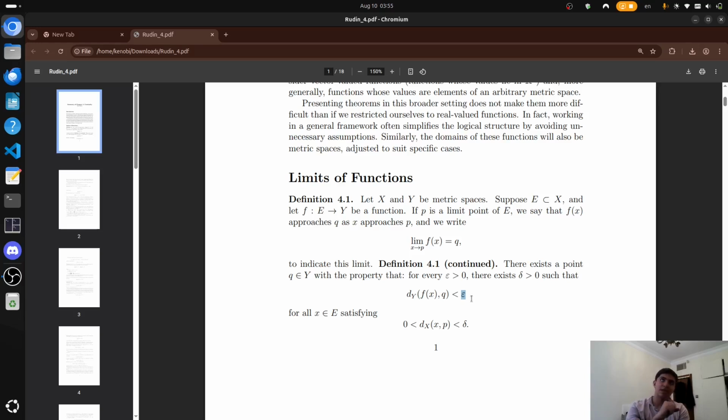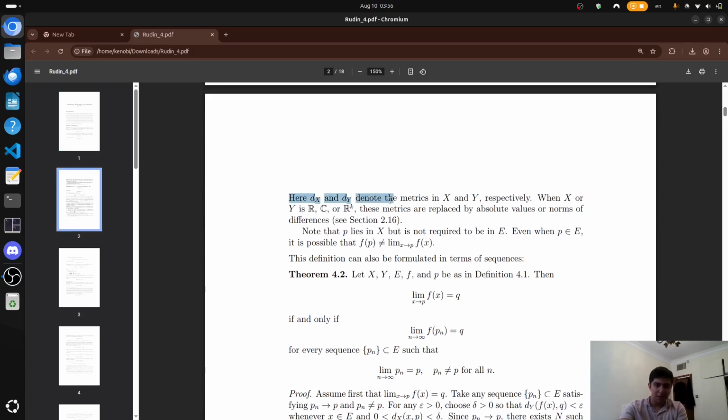If the neighborhood you're taking for the y-axis is smaller, then that smaller neighborhood is included in that bigger neighborhood, so it will work for every other neighborhood that contains this neighborhood. So that's why we really emphasize that epsilon is something that goes close to 0.